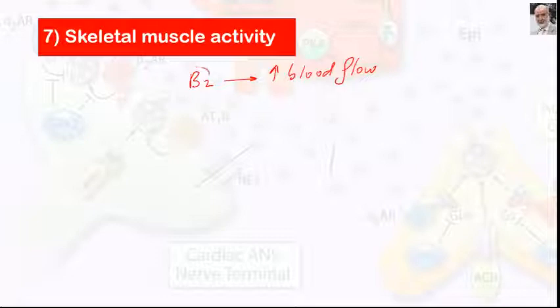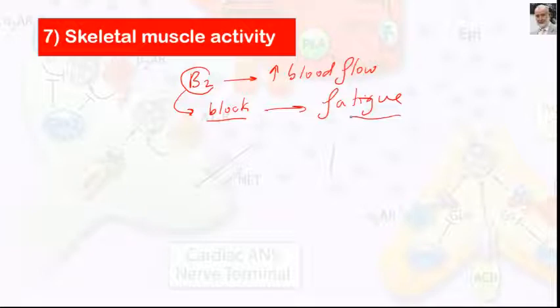Therefore, if we block beta 2 receptors, we decrease blood perfusion to the skeletal muscle, and this will produce a sense of fatigue.